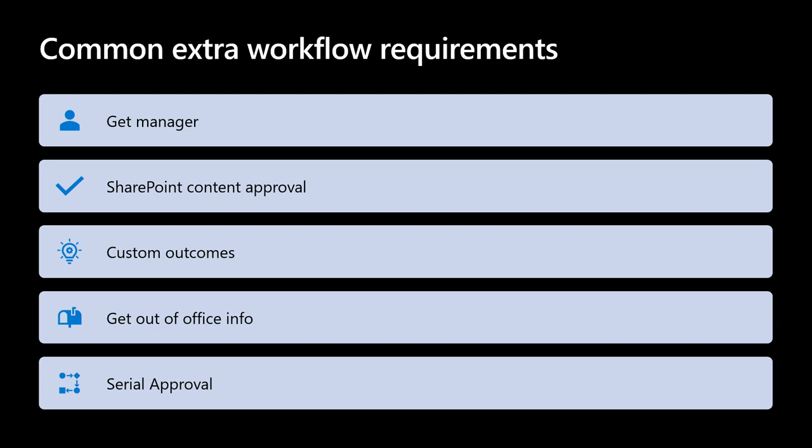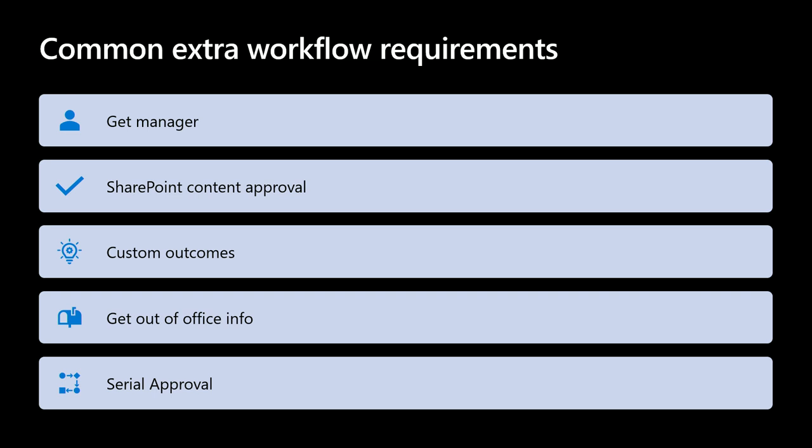But beyond just sending someone an email, these are some of the common extra concepts that we like to be able to build in, beyond the very simple out-of-the-box approval that we get. A very common requirement is to be able to get the manager. Another is that you can tie into the SharePoint content approval setting.